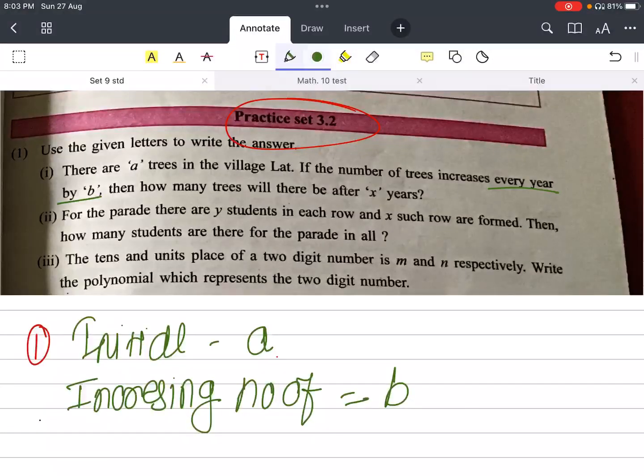Increasing number of trees we call B. And if the number of trees increases every year by B, how many trees will there be after X years? So let's assume the number of years as X.